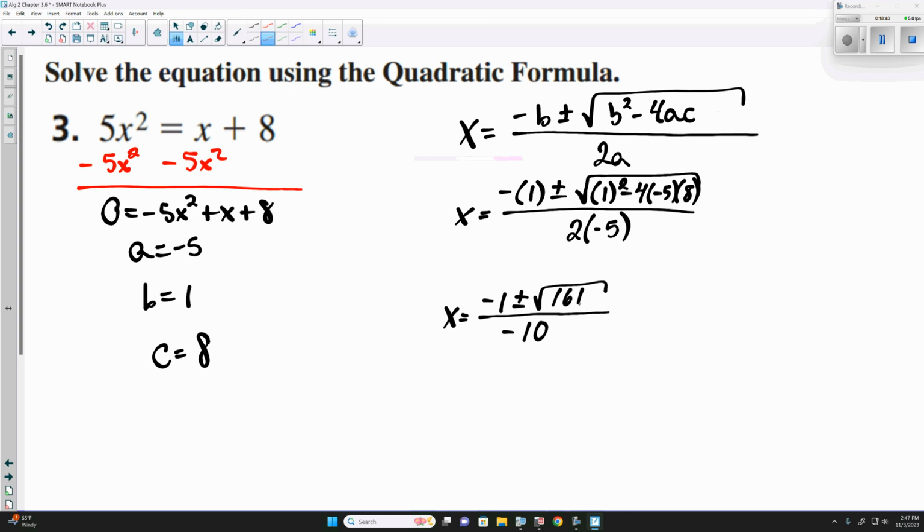Now, we don't normally like leaving a negative in the bottom of the fraction. So to fix that, what we're going to do is take that negative and distribute it through the top. So x is equal to, the 10 in the denominator will become positive.